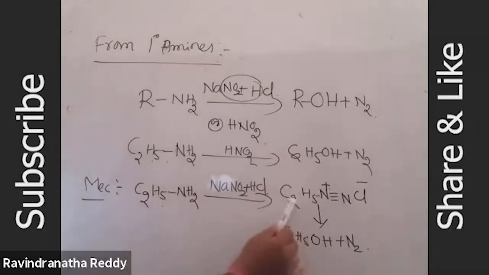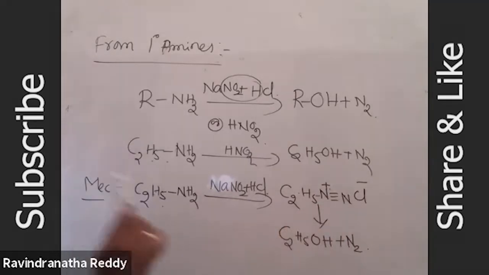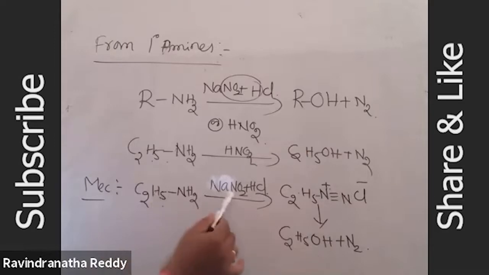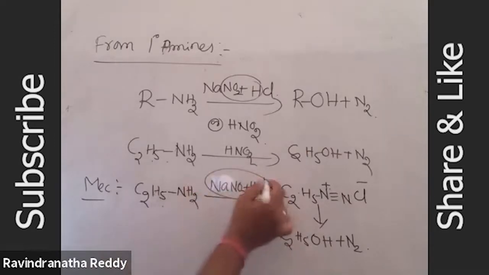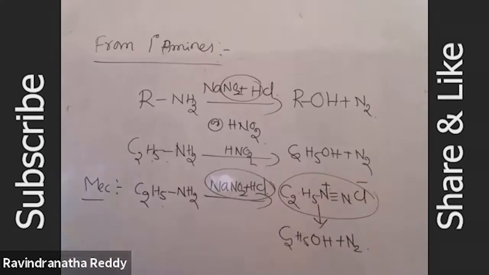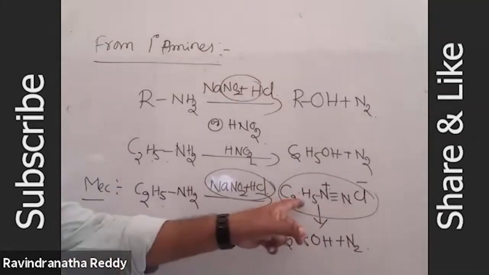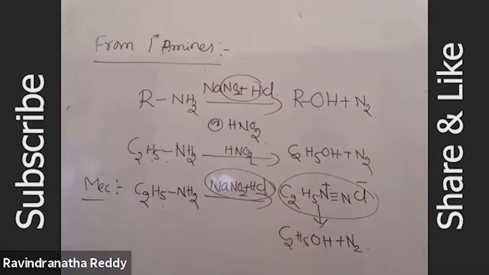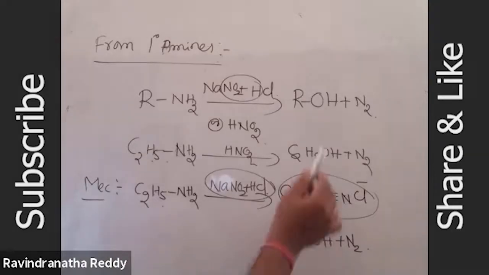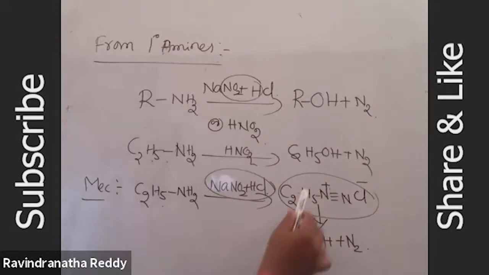Aliphatic diazonium salt is unstable, but the aromatic one is stable. Wherever you take aniline with NaNO2 HCl, you get benzene diazonium chloride, which is a stable compound. But the aliphatic diazonium salt is unstable and decomposes to alcohol and N2. In this mechanism it gives C2H5 plus ion.